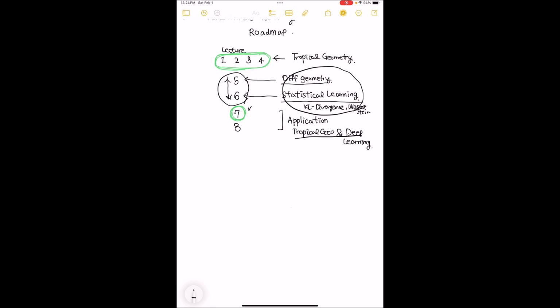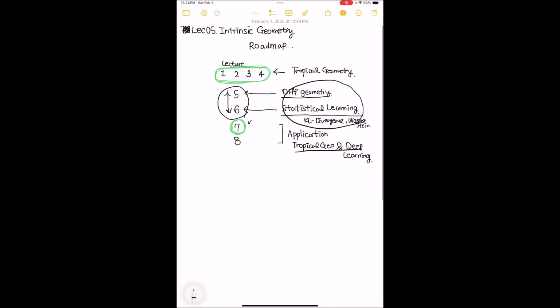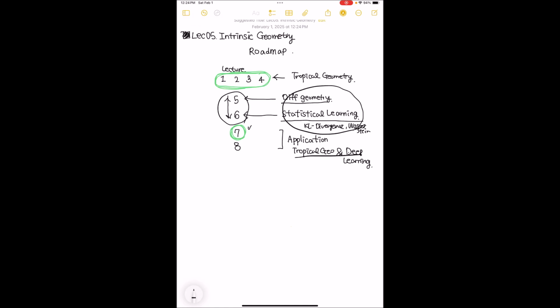Anyway, this is my roadmap, and let's go to our main topic, intrinsic geometry.